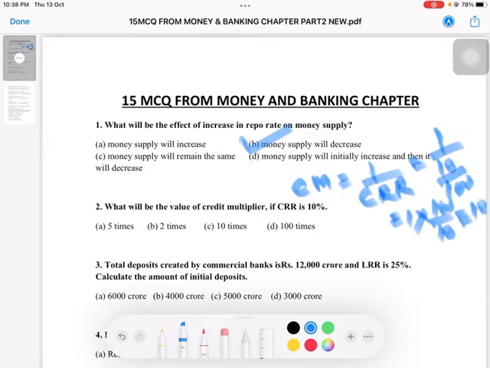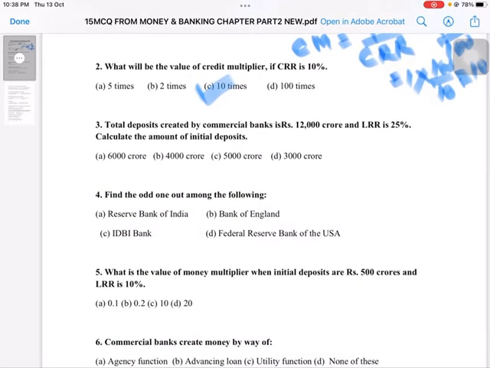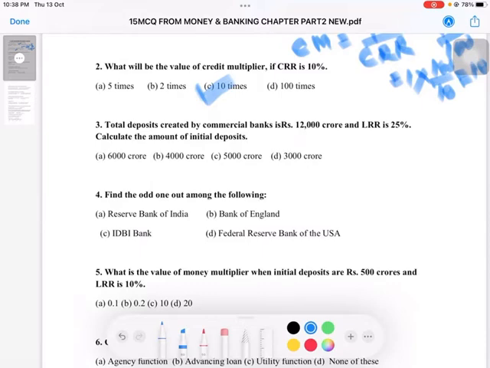The third question, total deposit created by commercial bank is 12,000 crore and LRR is 25%. Calculate the amount of initial deposit. So how can we calculate initial deposit? So here, first you calculate credit multiplier. So credit multiplier will be 1 by LRR, means 25%. 1 by 25%.